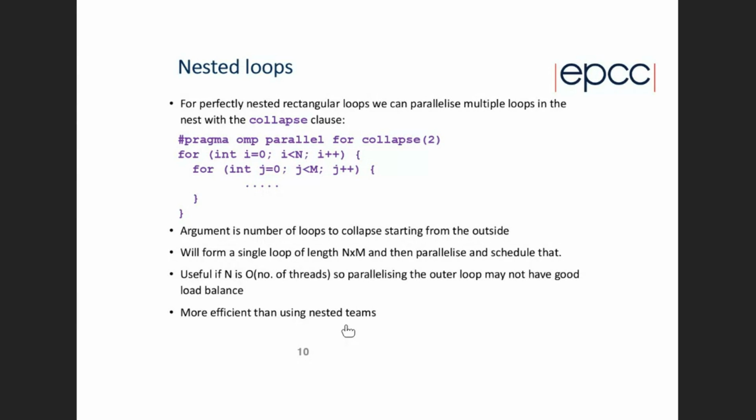So Milena asks us, what if it's not a perfectly nested rectangular loop? Say parallel for plus SIMD. Okay, if it's not a perfectly nested rectangular loop, then you might have to resort to nested parallelism, or possibly to do code rewriting.